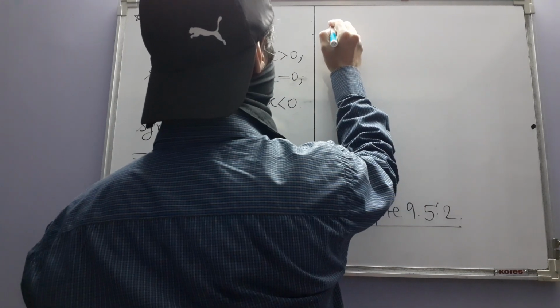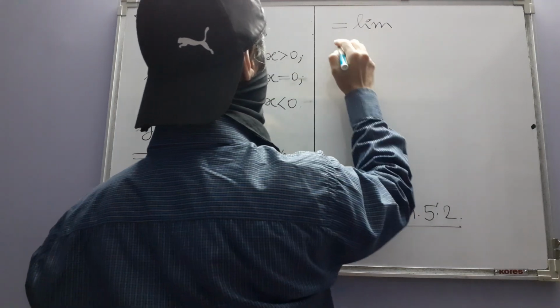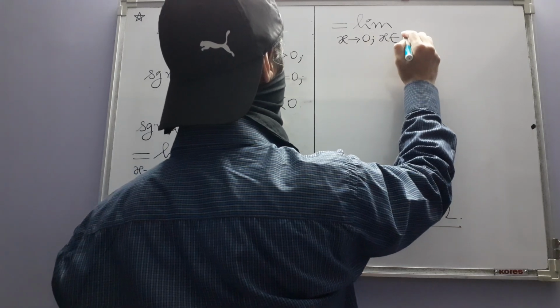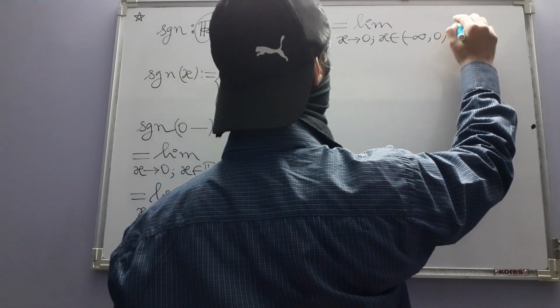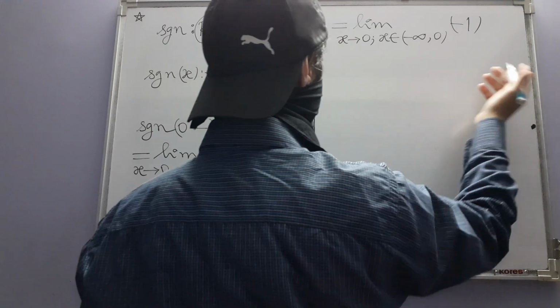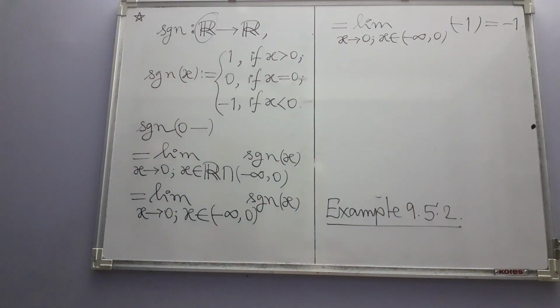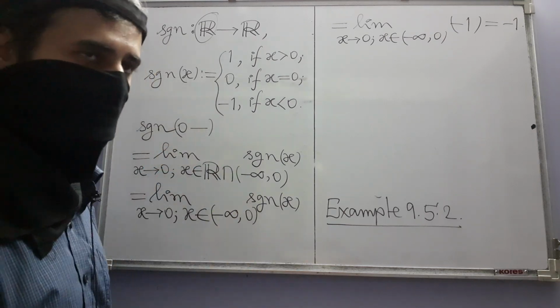So we are getting this, which of course is minus 1. So the left limit at 0 in fact exists and it is minus 1.